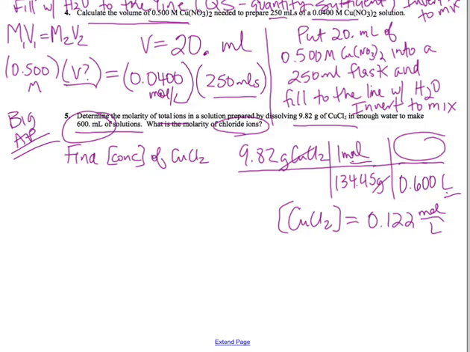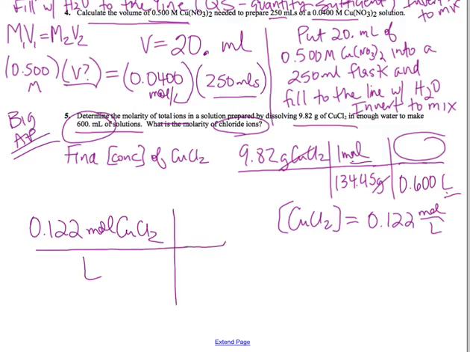Well, if I know I have 0.122 moles of just CuCl2 per liter, I can relate that to anything associated with CuCl2. In 1 CuCl2 mole, if you put it in, they dissolve. How many ions do you get per mole? 2.